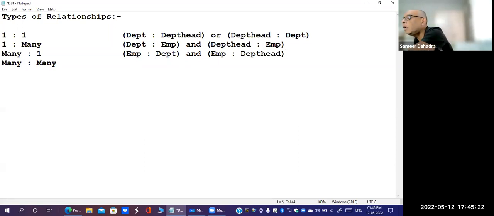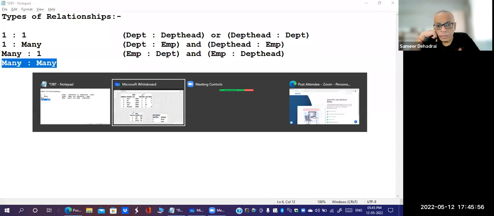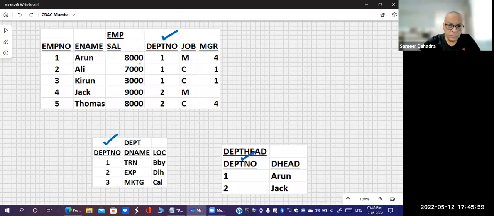Is the second example we have. And lastly, we have many is to many. Many is to many is not there in this example.